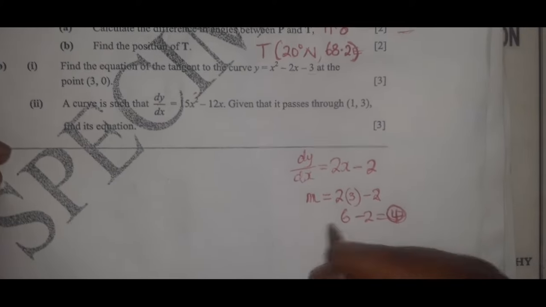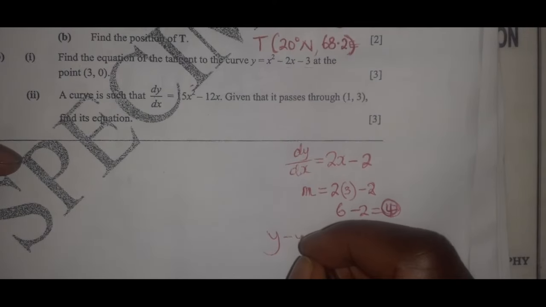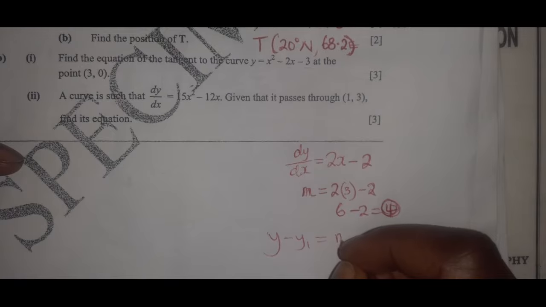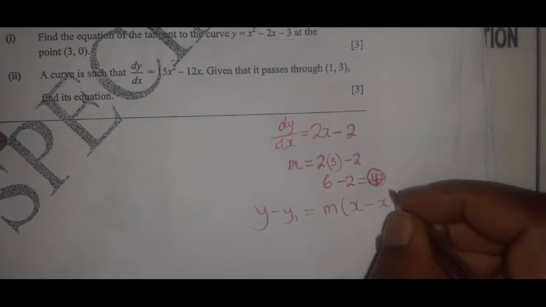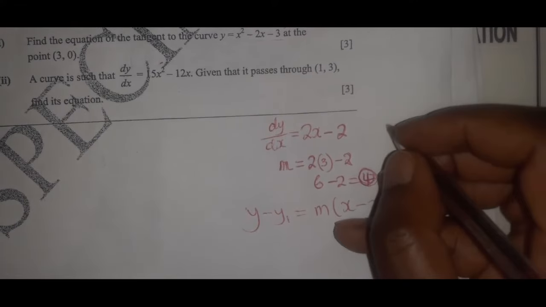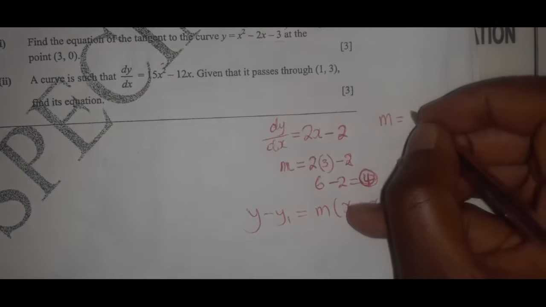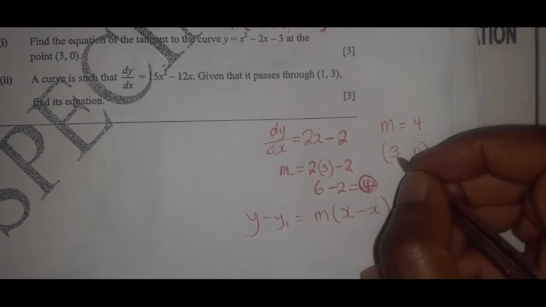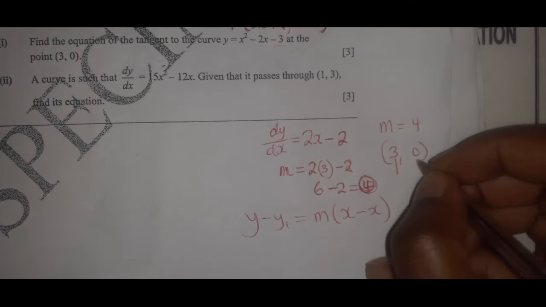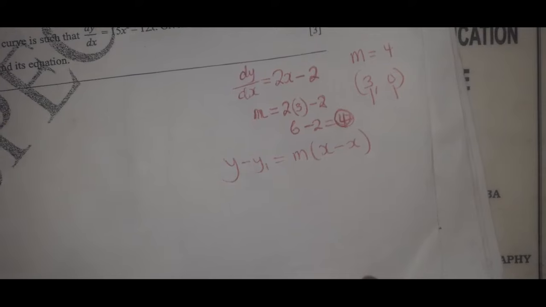So we're going to say the equation, we are going to use this formula. So our gradient is 4. Then we have 3, comma. So this is going to be our x coordinate and our y coordinate. Okay.